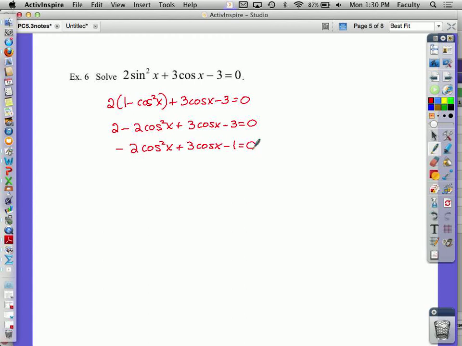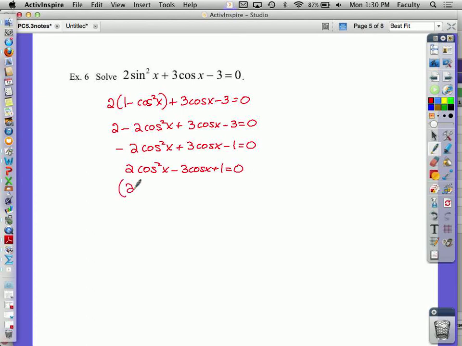And when you did this in Algebra 1 and Algebra 2, when your leading term is negative, you need to change it to positive. You can do that one of 2 ways. You either move everything to the right side, and you'll flip that sign, or just multiply both sides by a -1. Either way you want to work it is fine. I just multiplied both sides by a -1.